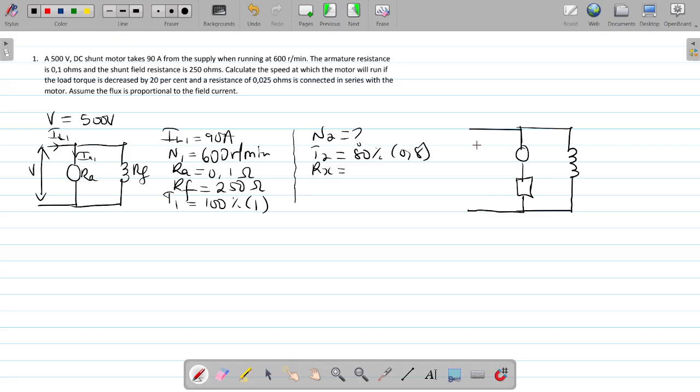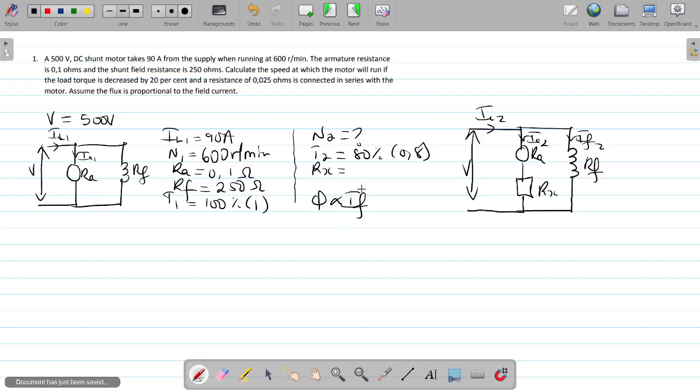So this is our new circuit: RA, RX, RF. So we have IL2, IA2, IF2. And it says, assume the flux is proportional to the field current. Now, this is our question.